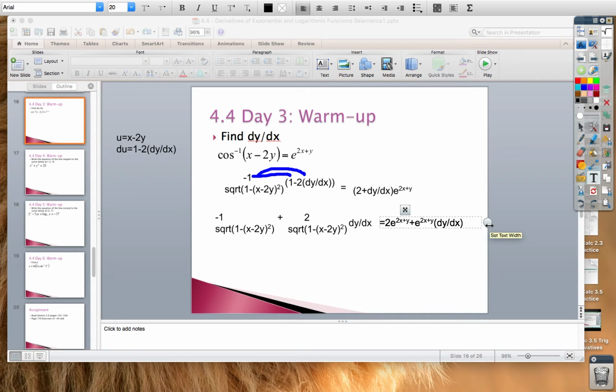Now we're going to move all the dy/dx terms to the left side and all of the constants to the right. So I'm going to do this in one swoop. If you need me to explain this later, I will be more than happy to.